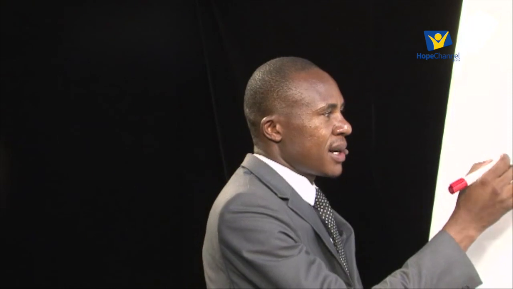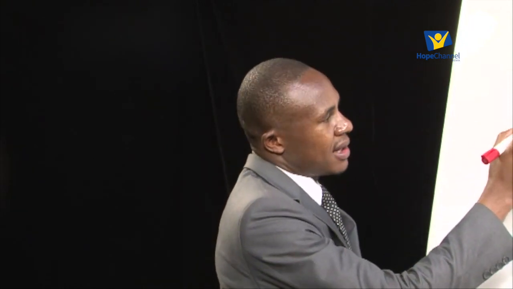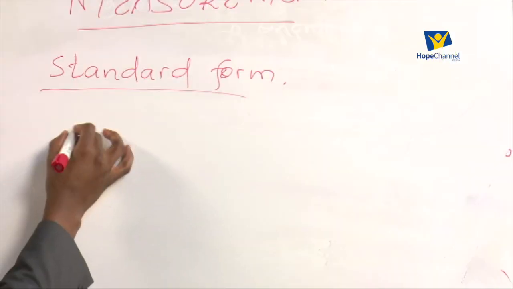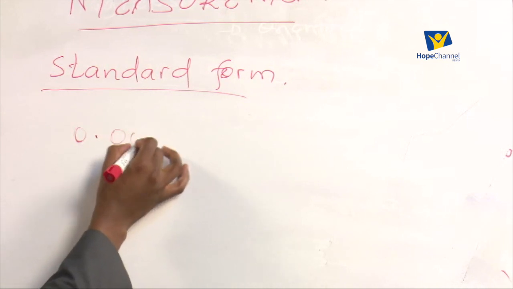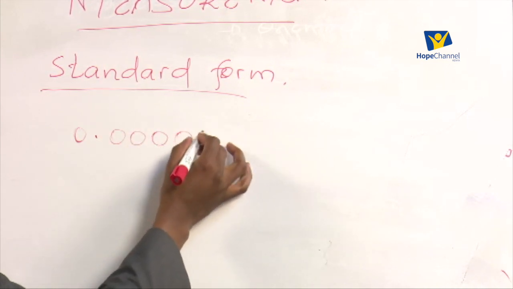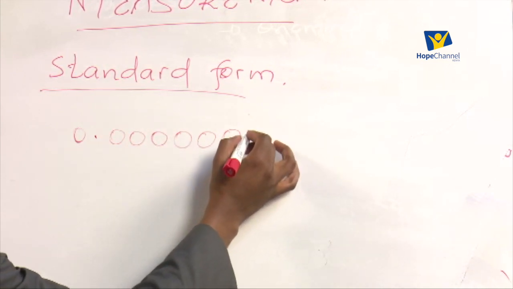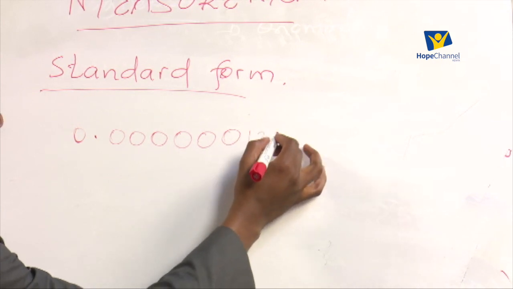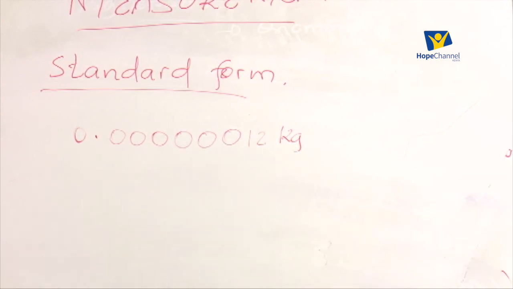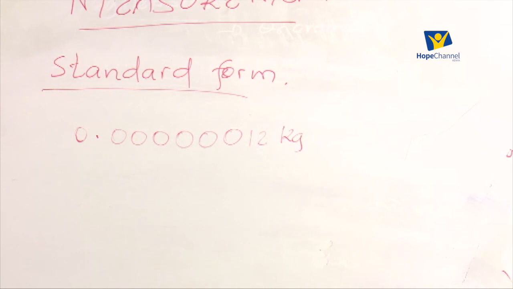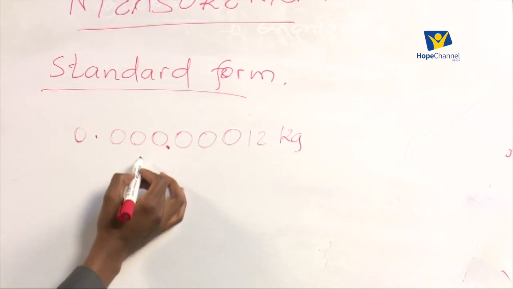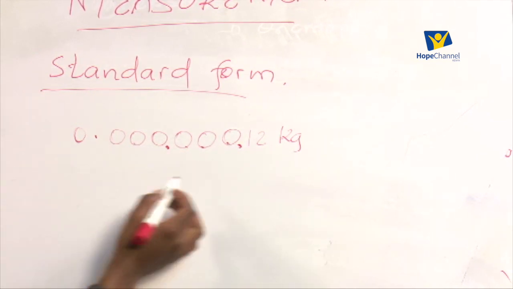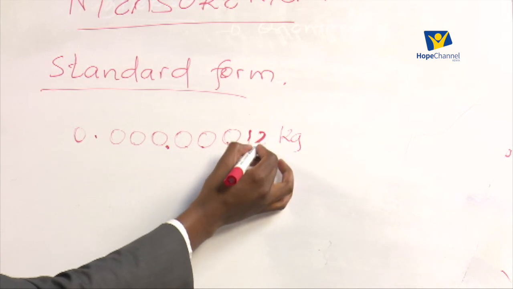For example, if we have the mass of a particle in the air, a particle of dust, say its mass in the air is 0.000001 2 kilograms. That is a very small value.